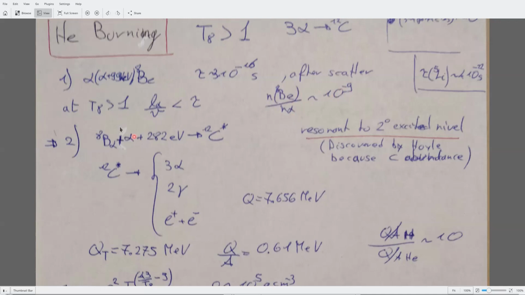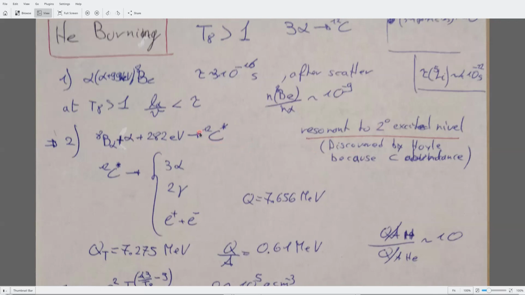After this, you have another interaction with another alpha with energy and the production of carbon-12, that is this compound that is excited. Luckily, this is a resonant reaction.